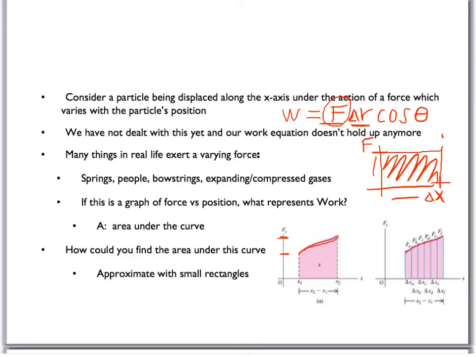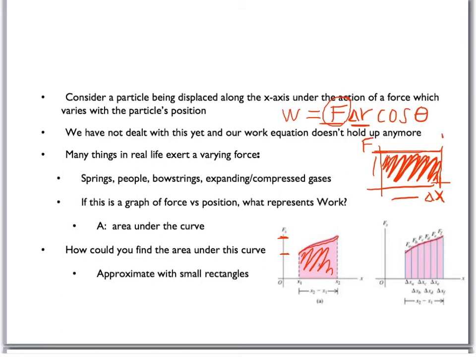Now, since the work in this case would be represented by the area of this rectangle, that is always going to be true of any graph of force versus displacement. It is, in fact, the area underneath this graph that is representing the amount of work that would be done by this varying force. So the question now becomes, well, how do we find that area?